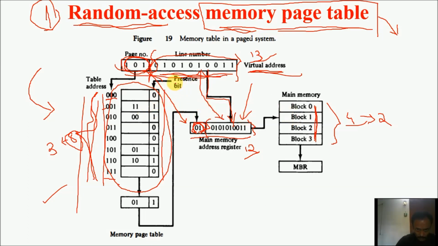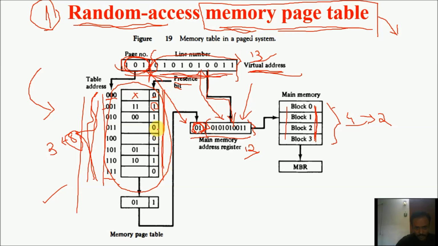So obviously, the presence bit means whether the page is present in the main memory. If a page is present in the main memory, in this field the value will be 1. Otherwise, if the particular page is not present in the main memory, that entry will be blank, that means the presence bit will be 0.